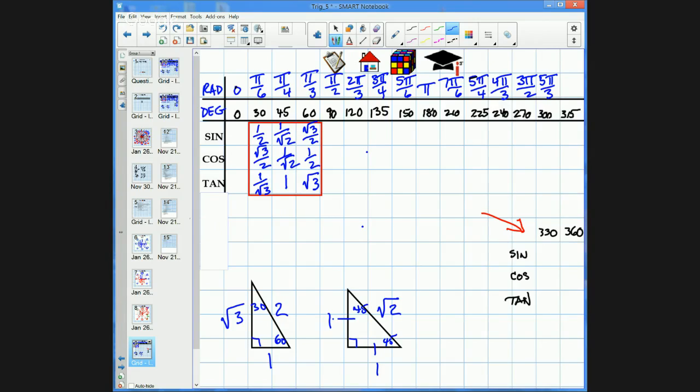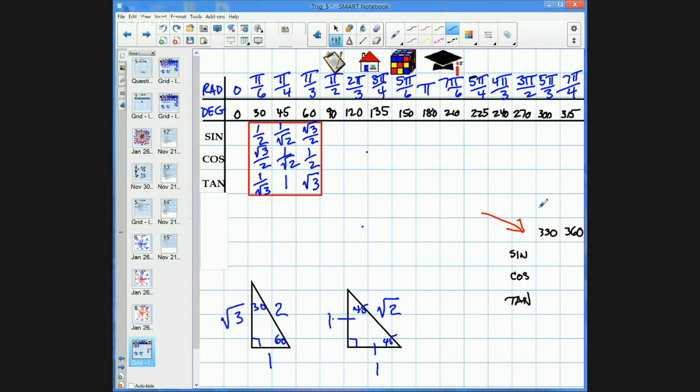315 is what? Just 45 degrees short of 2 pi. So 1/4 pi less than 2 pi would be 1 3/4 pi. And then 330 is what? 30 degrees short of all the way around. 30 degrees is 1/6 pi.